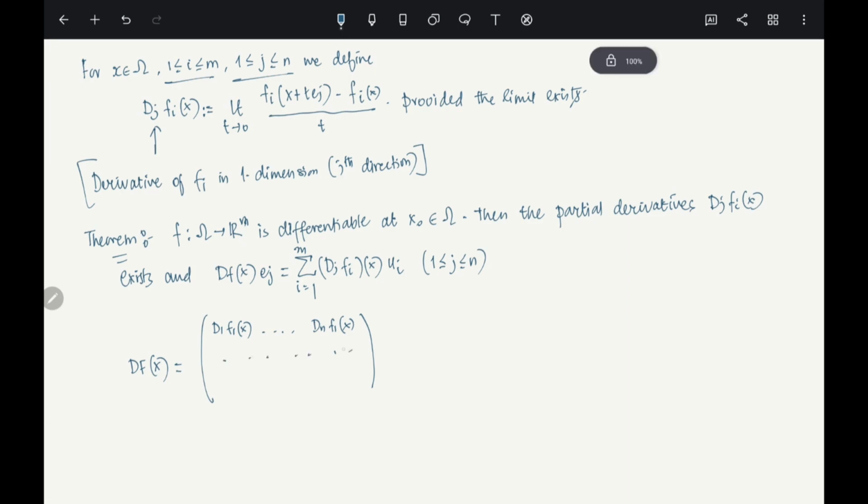Then the second component, and in the mth row you have d1 fm of x up to dn fm of x. Clear? You do realize that this matrix is an m cross n matrix. It has m rows and n columns.